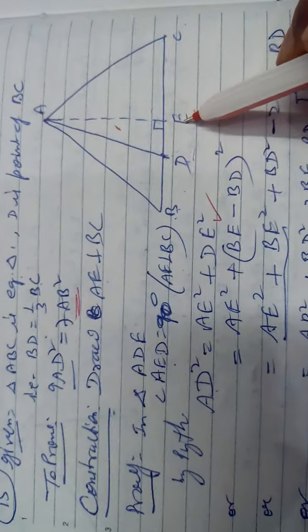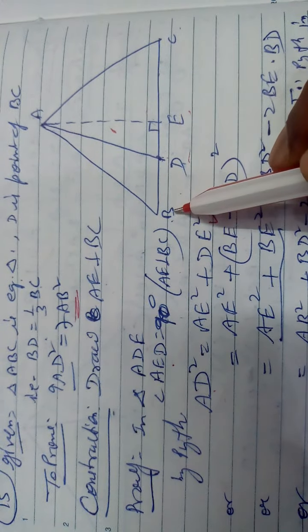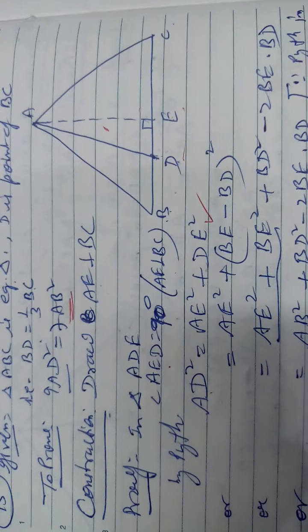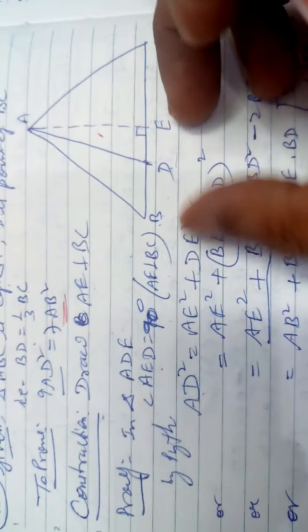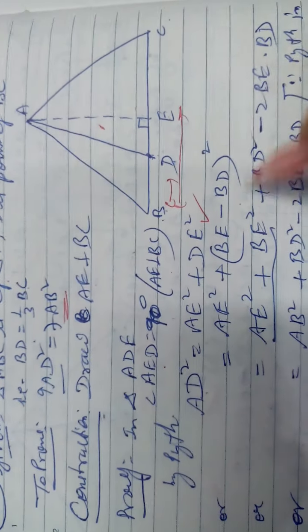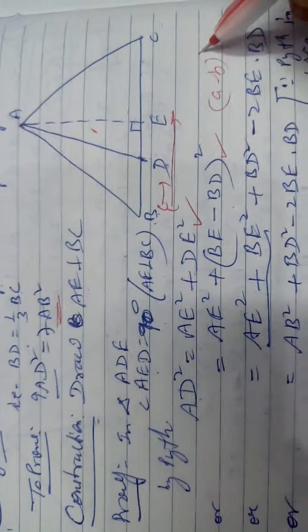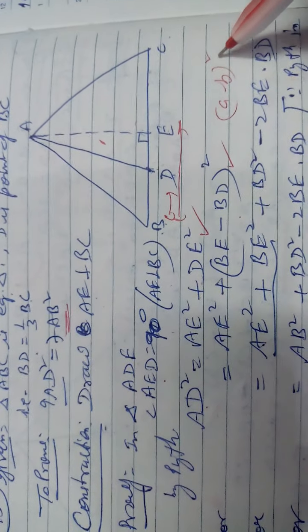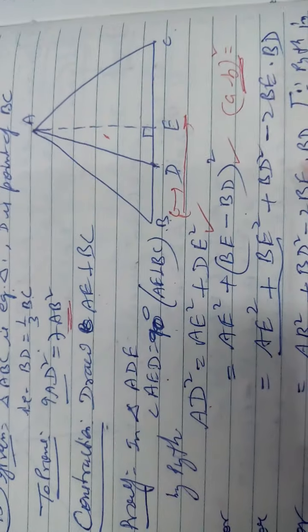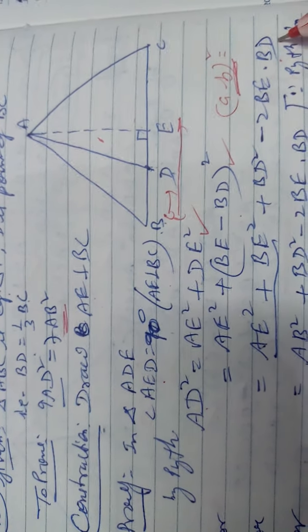Now DE you can write as BE minus BD, the full line minus this part, and whole square. Apply the (a minus b) whole square identity like in the previous question: a square plus b square minus 2ab, so BE square plus BD square minus 2 into BE into BD.